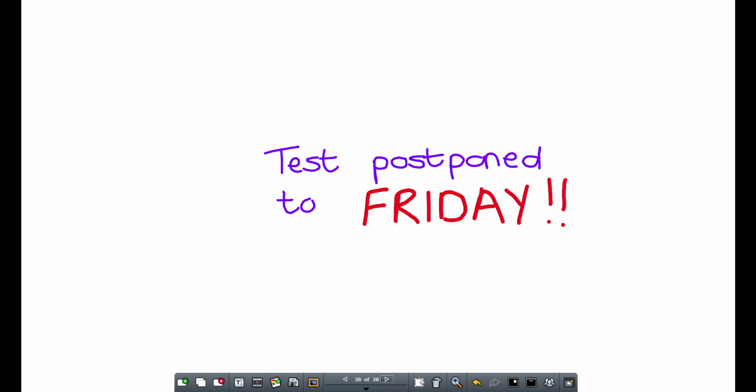So that gives us a little bit more time to revise and to study. So please make sure that you guys score with this test. Because your next test is going to be on algebra, which not everyone likes. So if there ever was a time to score in terms of marks, it's going to be in this test.